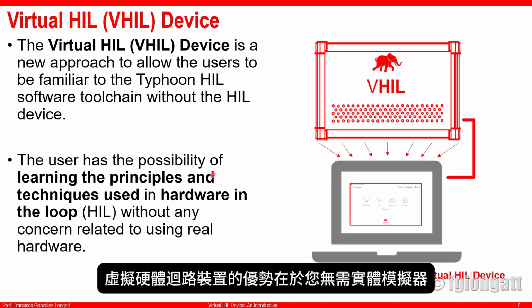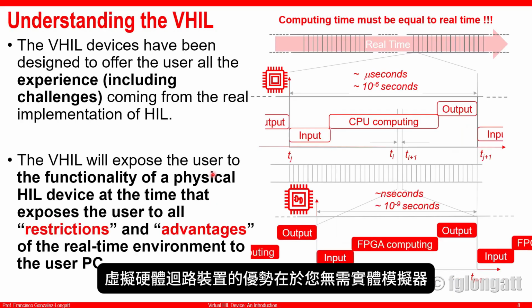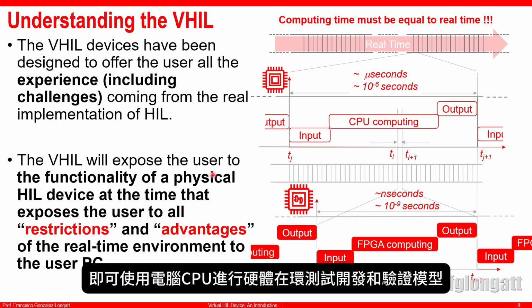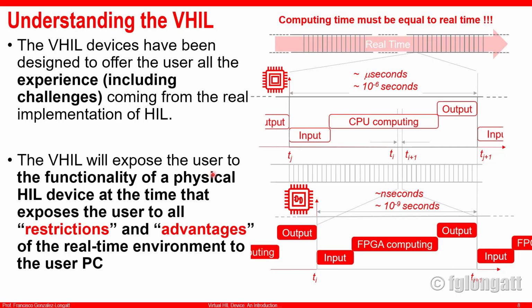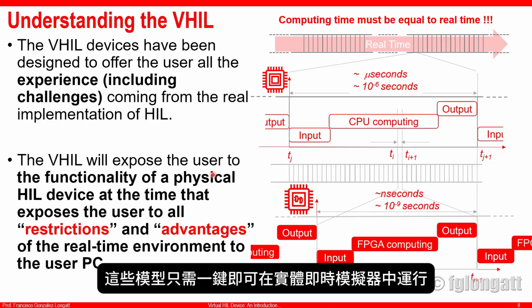Probably you are wondering, okay, why is using virtual HIL important to understand hardware in the loop? Well, one of the things that I need you to understand is that using virtual HIL devices, you have the opportunity of learning and experiencing all the factors related with the real implementation of hardware in the loop.